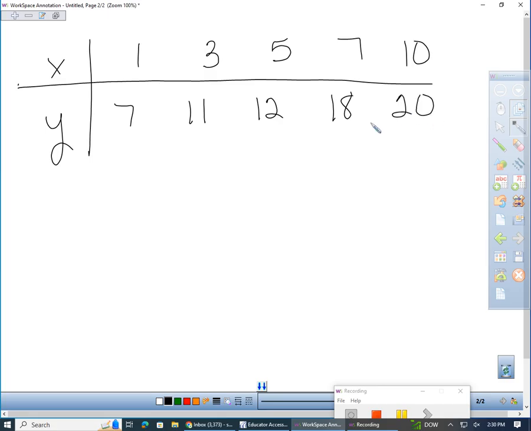This is not an example. I'm going to talk you through the steps of what we're going to do. We're going to get our calculator to write our line of best fit from this table.